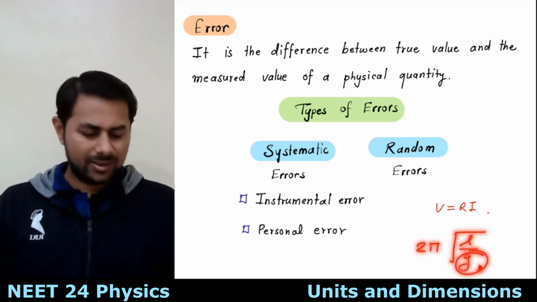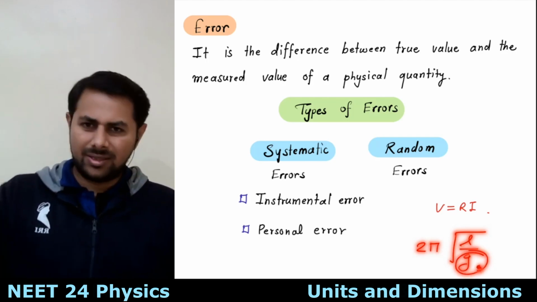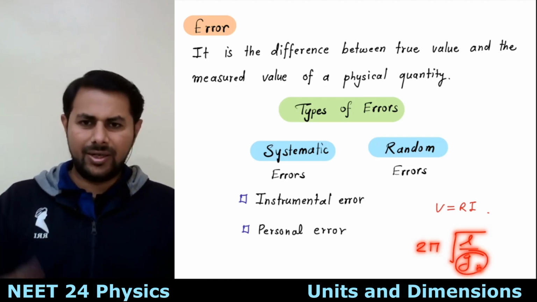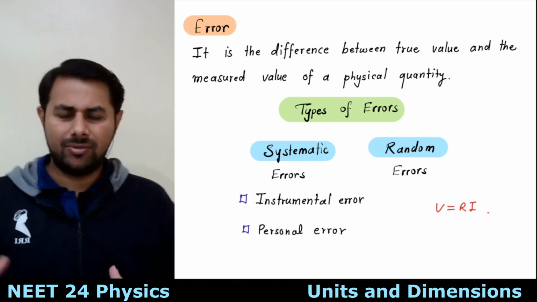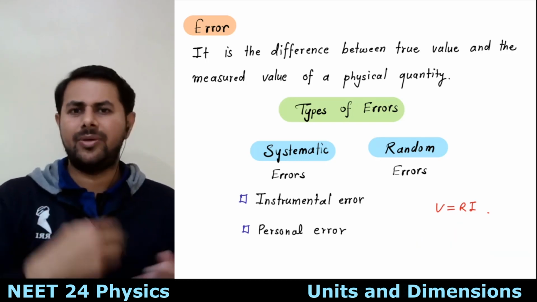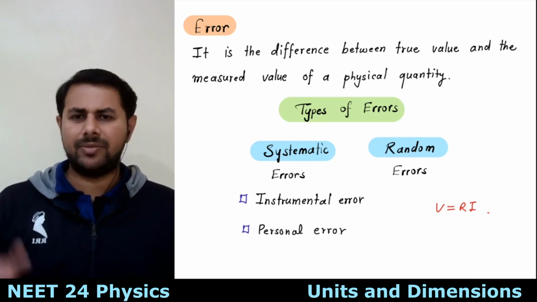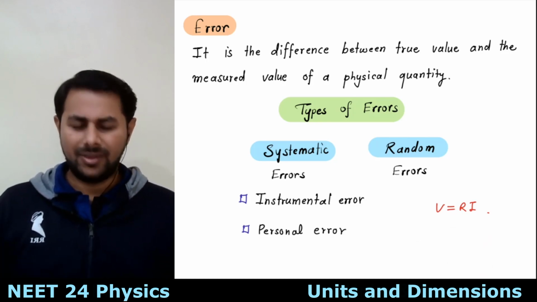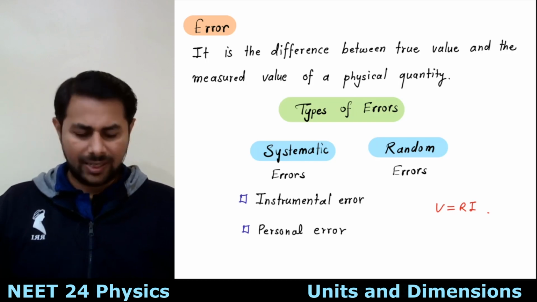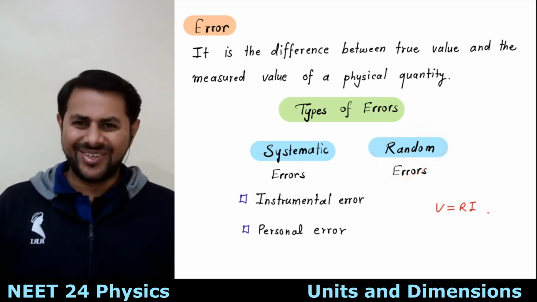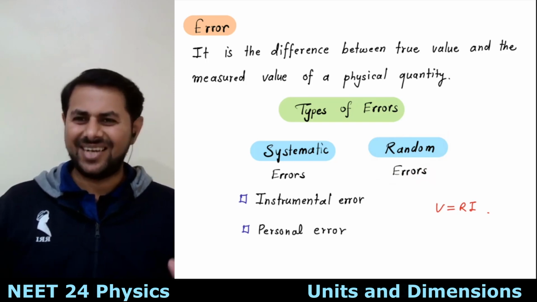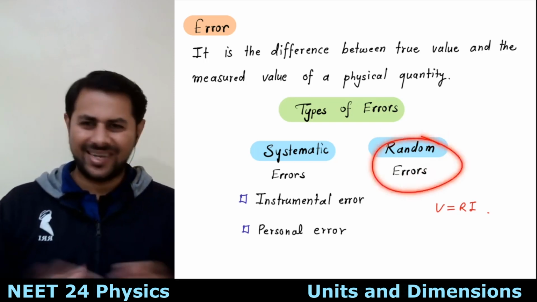You might know that there is wind, but you don't have any apparatus to measure the force exerted by wind. So there will be some small error in the measurement of time period. That is random, that is an act of God, a natural calamity. You can't do anything about that.